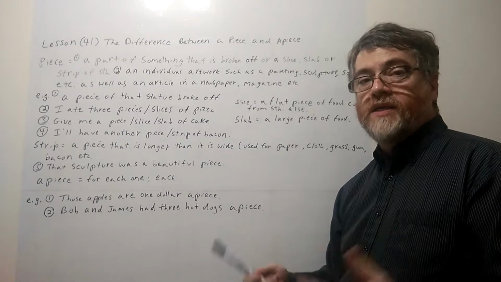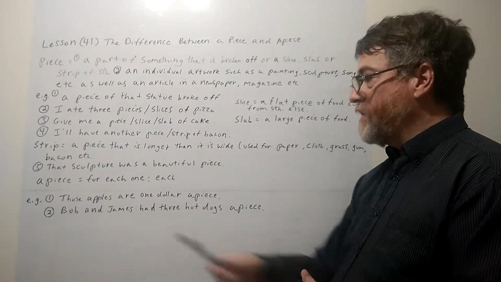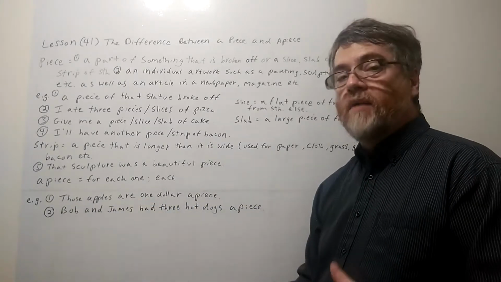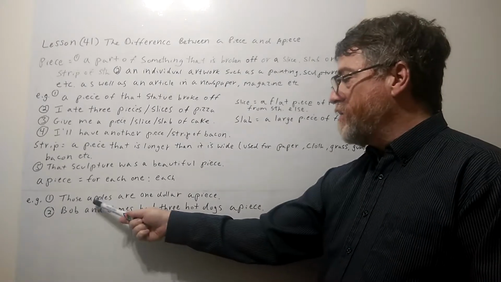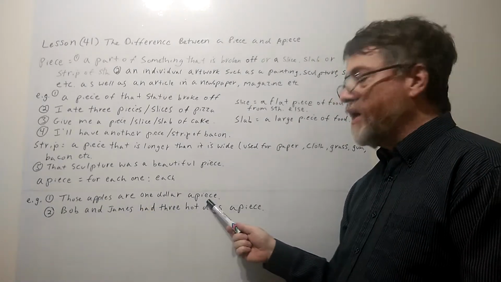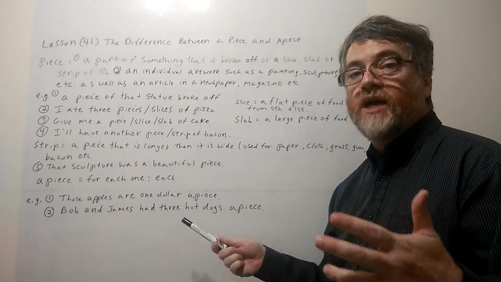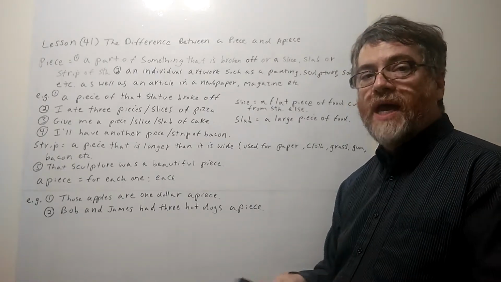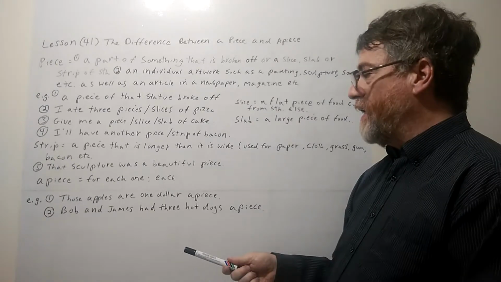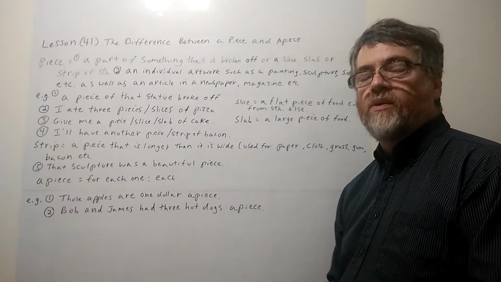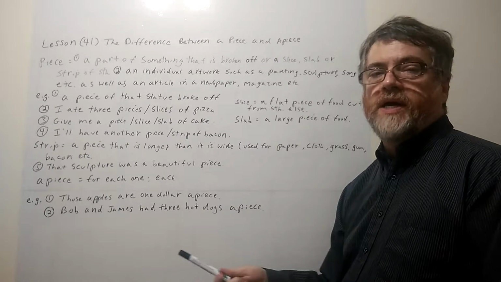A lot of times when we're asking the price of something, you might say, "How much are those apples?" They say, "Those apples are $1 apiece." Those pairs of gloves are $5 apiece, meaning each set or each individual one, that's what the cost is. So we often use it when we're asking about prices.